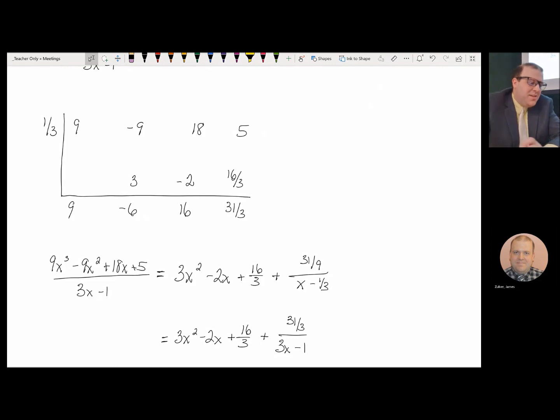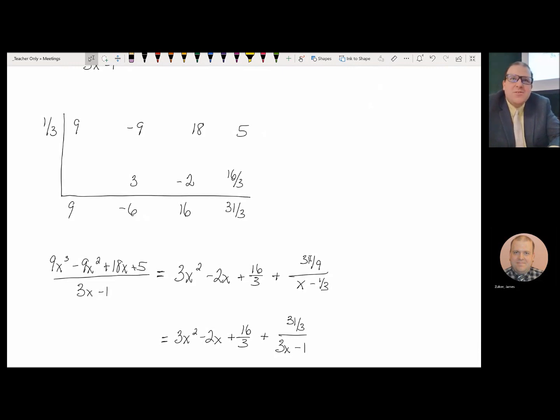Because actually, ultimately, what happens is I did factor out a 3, right? 16/3, and what happens when you factor out 3 from 31/3? It becomes 31/9. All of that. And then you multiply that whole thing by 1/3, and the 3/3 becomes 1.